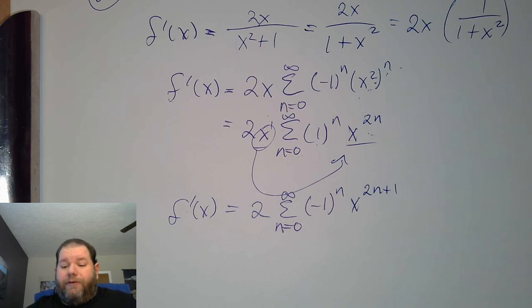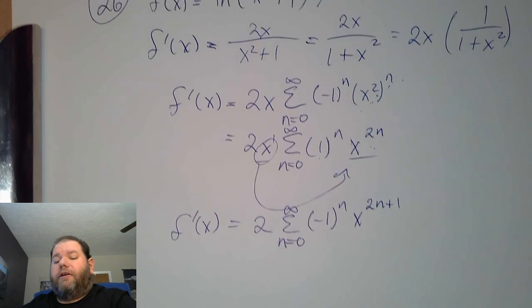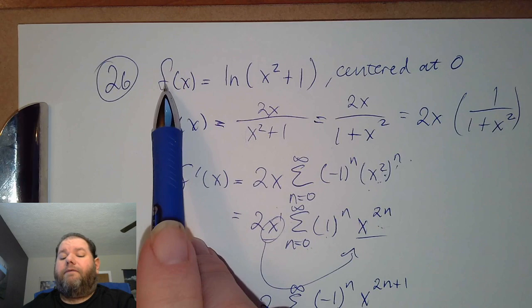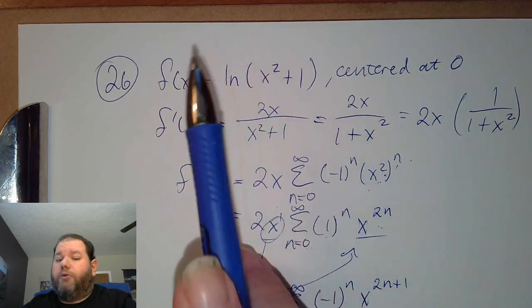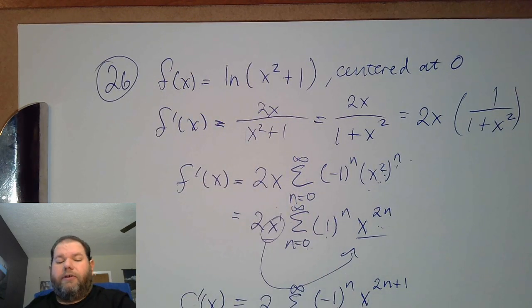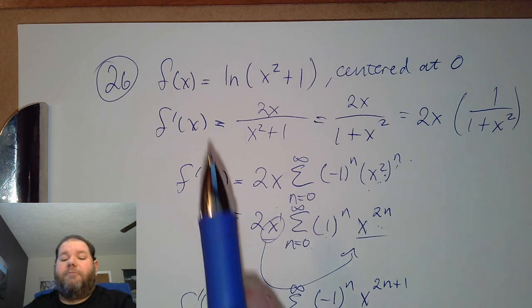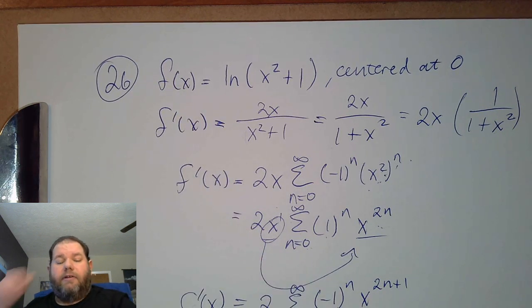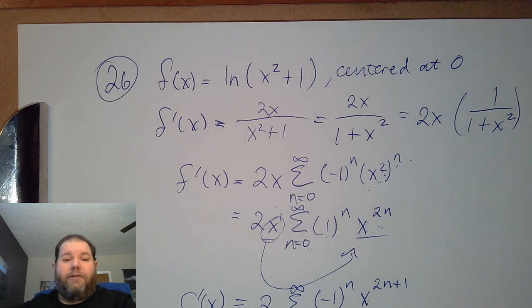Because we have one more step, and that is we're trying to find a power series for f of x. What we've found is a power series for f prime of x. So how do we go from f prime of x to f of x? Well, to go from f prime to f, we're going to have to integrate.